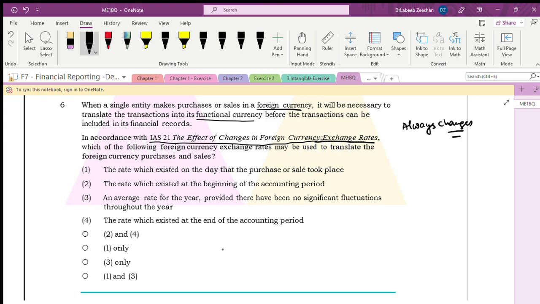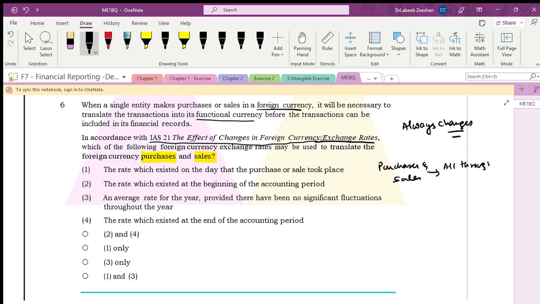See which type of transaction they are talking about: purchases and sales, which will happen all through the year.